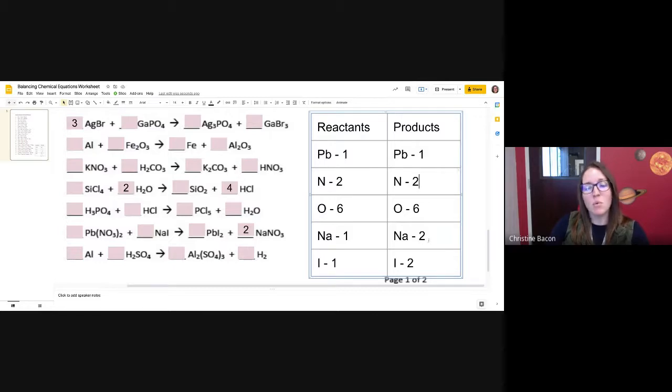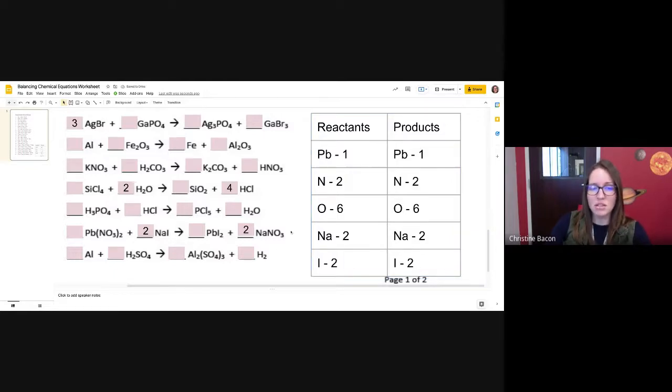But now I have more sodium in the products than I do in the reactants. So what we can do is go back to the reactant side, look for sodium right there, and I'm going to multiply it by 2 because this 2 will mean that I have 2 sodium iodide molecules, which means I'll have 2 sodium atoms now, and I will also have 2 iodine atoms now. And look at that, we are balanced.